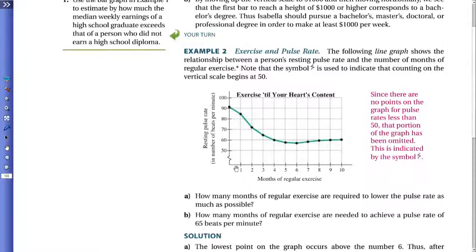But notice that I go from here to here is 50, and then I go up by 10, up by 10, up by 10. If you didn't pay attention to that little squiggle line there, you would have assumed that this is the same scale, from here to here is 10. And you're going, wow, this really gets low fast. But the reason they do it in this case is that there are no pulse rates below 50, so they just say we don't need to be concerned about this area below 50.